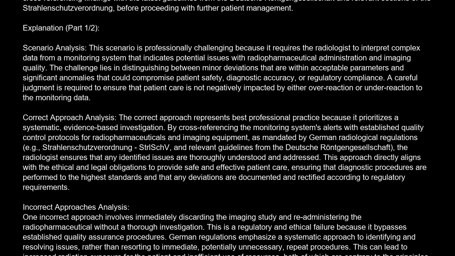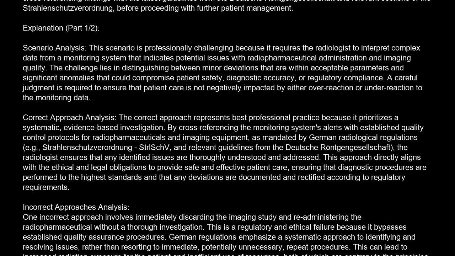The correct approach represents best professional practice because it prioritizes a systematic, evidence-based investigation. By cross-referencing the monitoring system's alerts with established quality control protocols for radiopharmaceuticals and imaging equipment, as mandated by German radiological regulations, e.g. Strahlenschutzverordnung (SDRL-V) and relevant guidelines from the Deutsche Röntgengesellschaft, the radiologist ensures that any identified issues are thoroughly understood and addressed.